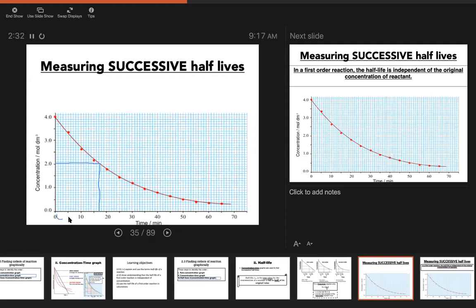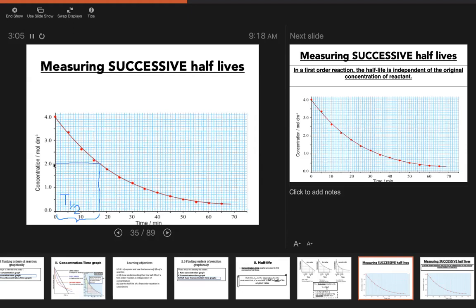So I want you to read off from your graph the value for that first half-life. We're going to do 3 successive half-lives here. Successive means continuously, okay? From 4 mole per dm cube down to 2 mole per dm cube, and then half of 2 mole per dm cube is 1, okay? So that's the first one.